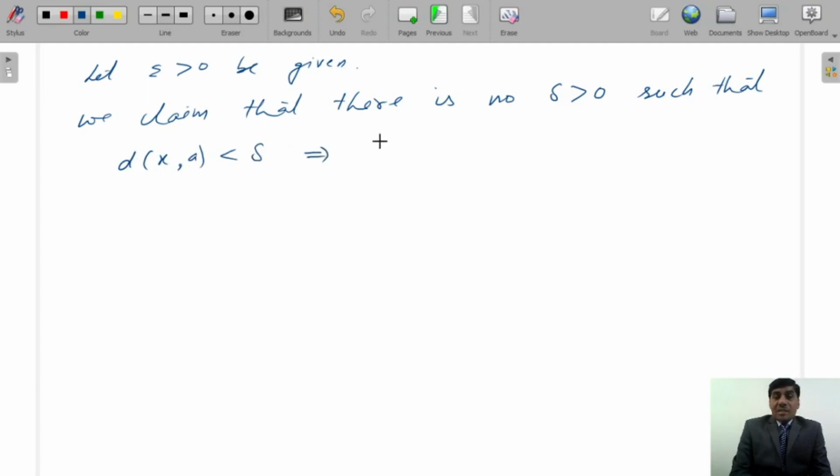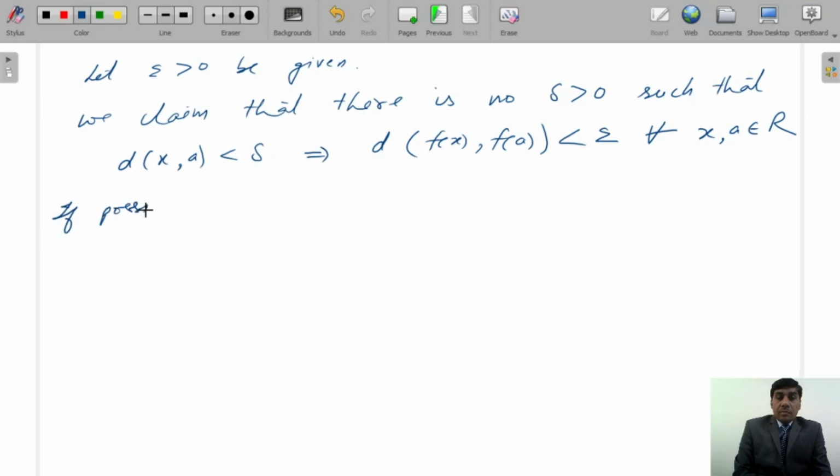This implies distance between f of x and f of a is less than epsilon for every x and a belongs to R. If possible, let us assume that delta greater than 0 exists.